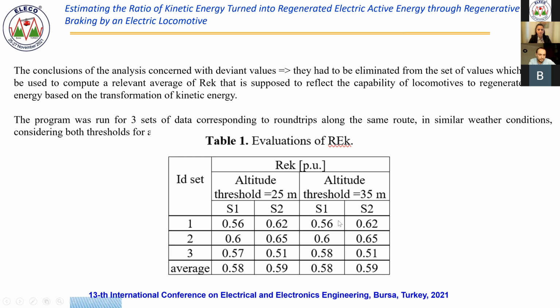And we got an average of 0.58 on S1 and 0.59 on the set S2, where the accepted altitude threshold is a little bit higher. These are very similar, very close to that 0.62 we mentioned in the first slide.